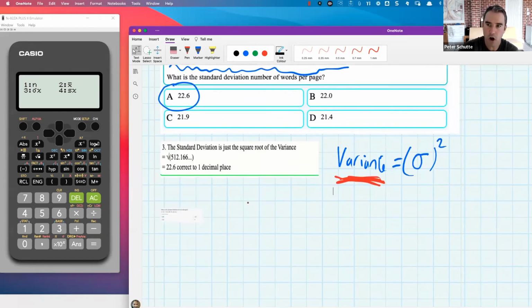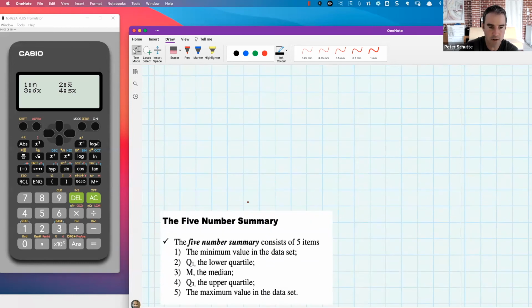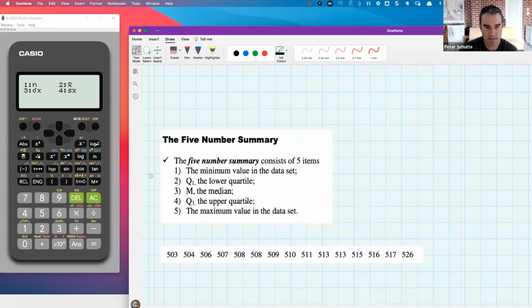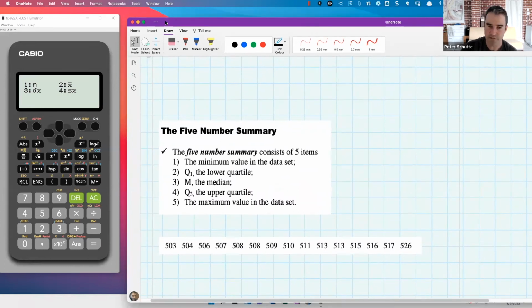So for the last part of today's lesson, we are going to do something called the 5-number summary. What's in the 5-number summary? It's the smallest value, the biggest value, and then Q1, Q2, and Q3.